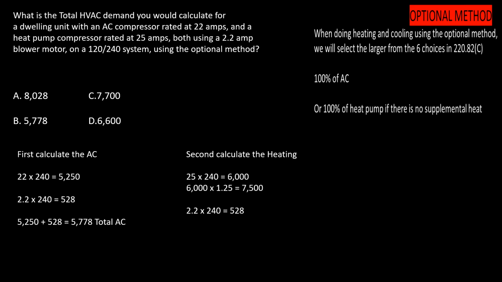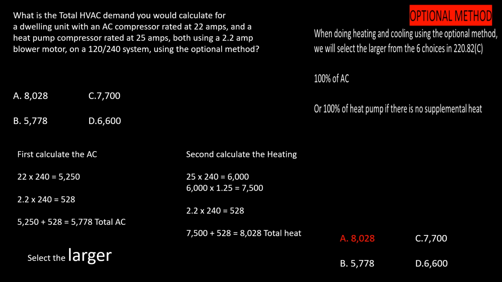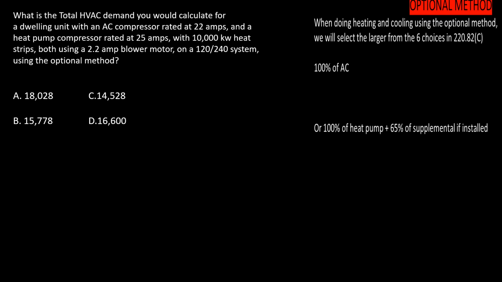Then we're going to add in the blower motor, and that is going to give us another 528 VAs. Then we add that all together, and that's going to give us 8,028 total heat. Remember, in this case, we select one or the other, the larger of the two, and we are going to select A. Great job.